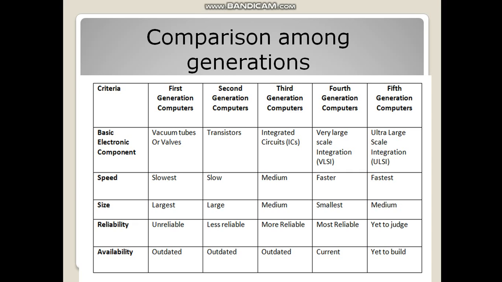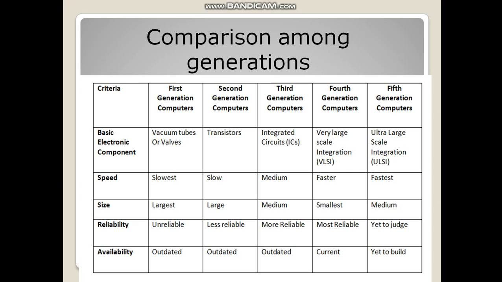Fourth generation computers are still in use, and they use very large scale integration. What does it mean? A small microprocessor chip has thousands of circuits placed on it. This is called very large scale integration. The speed is faster, the size is smallest, they are most reliable, and they are currently in use.